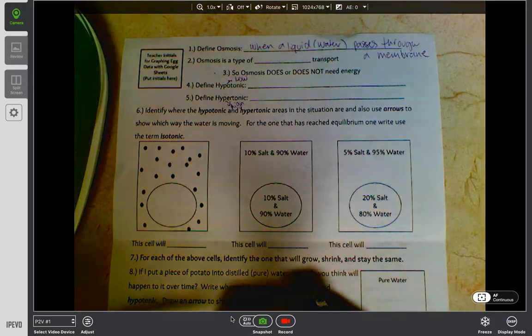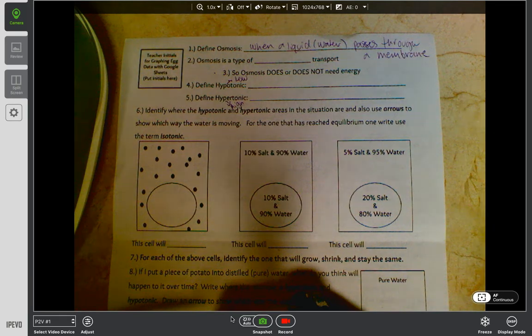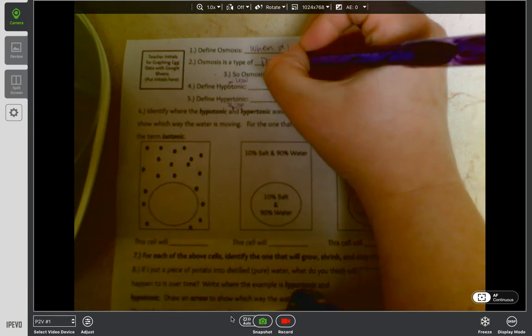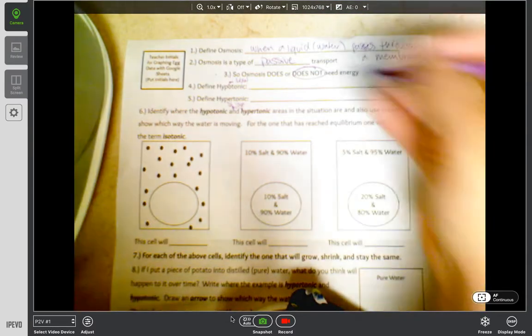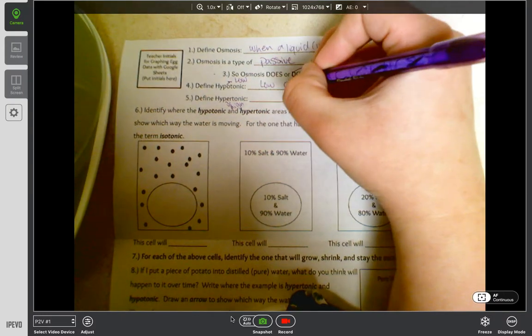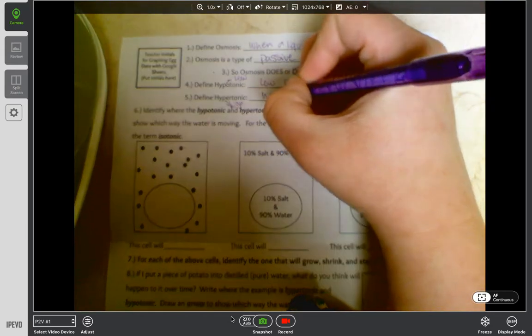Basically, in osmosis, that water is trying to pass back and forth to dilute whichever area is hypertonic, so that they come to something called equilibrium. Osmosis is a type of passive transport, and that just means that it does not need energy. So hypo, low concentration, hyper, high concentration.